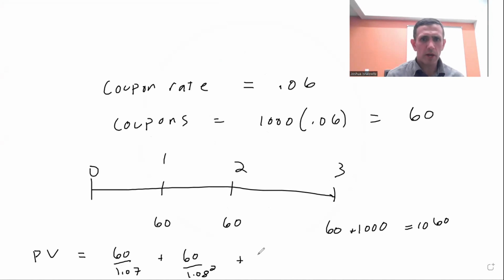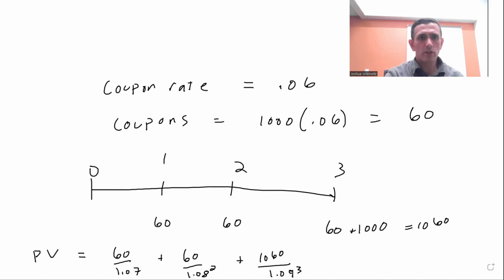And the 3 year spot rate is 9%, so we invest 1060 over 1.09 cubed, let it sit for 3 years, we get 1060 back.